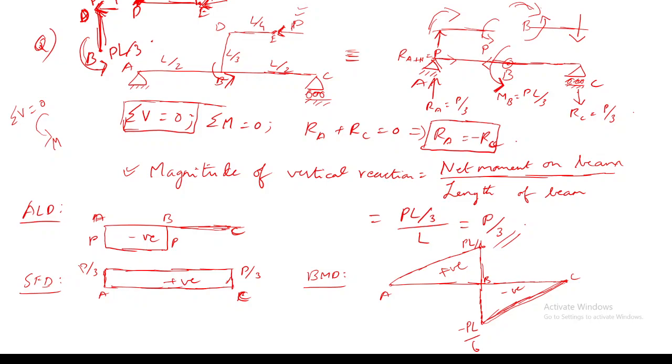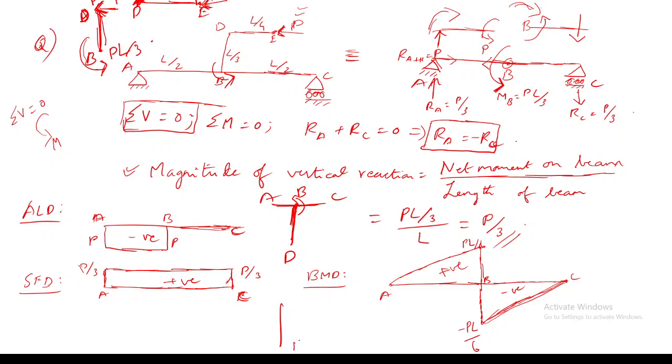Sir, is there any reason we do it like that? We remove the first member from the main body, but we didn't remove the DB. Actually, see, for example, in the problems you have worked out before, here B is there, A is there, C is there, D is there. So here we are calculating BD sections like this.